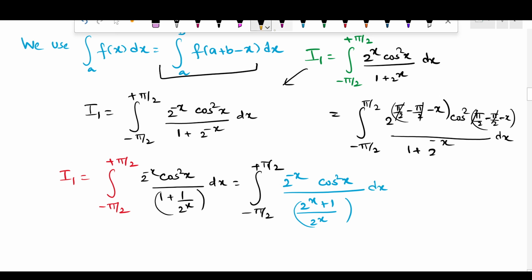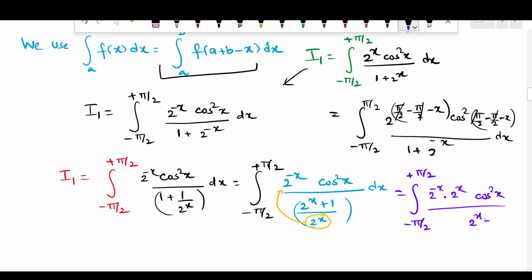Now see here, this 2 to the power x will go to the numerator, and this will change to the integral from minus pi by 2 to pi by 2 of 2 raised to the power minus x, and this goes here, cos square x upon 2 raised to the power x plus 1 dx. Is this step clear to all of you?